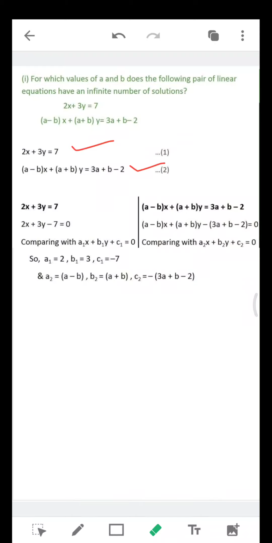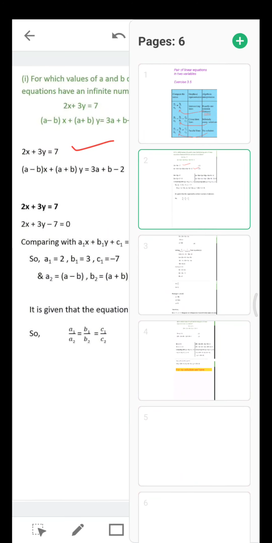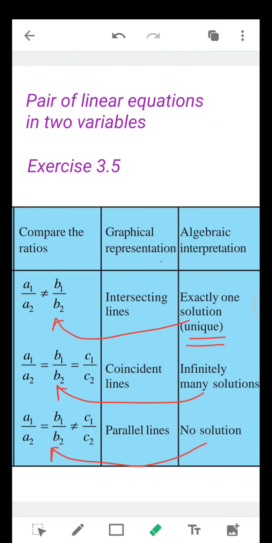Next you have to go to the condition. For an infinite number of solutions we have this condition: a1 by a2 is equal to b1 by b2 is equal to c1 by c2. You can see it here also. I am going to use this condition because it's given in the question that they should have infinite solutions.